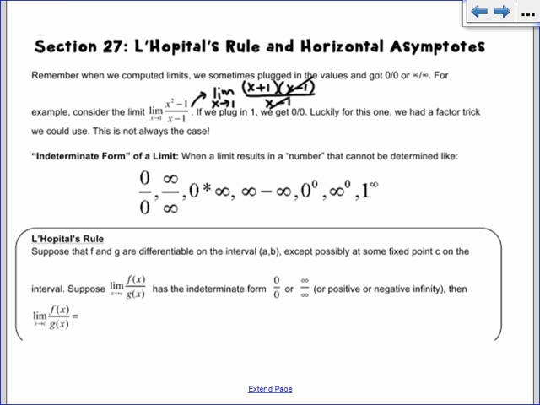And the x minus 1's canceled, which allowed us to then plug in the 1. So then we would have 2, right? Originally, if we plugged in the 1, we would have gotten 0 over 0. So that's called an indeterminate form, okay? But indeterminate forms can often be made into something that can be determined. So with that, we had a factor trick.